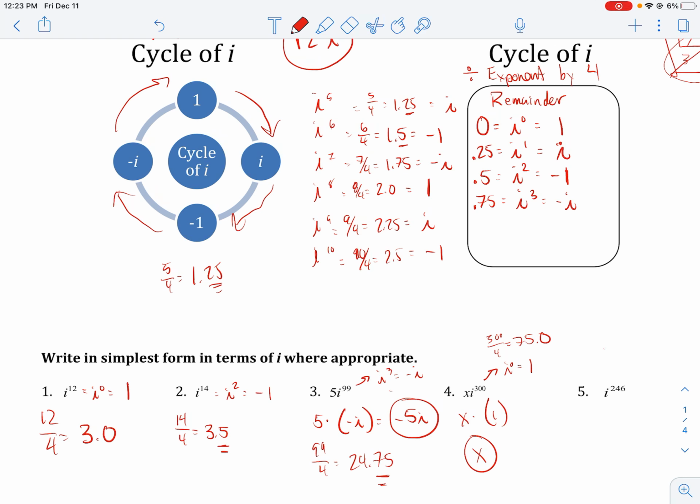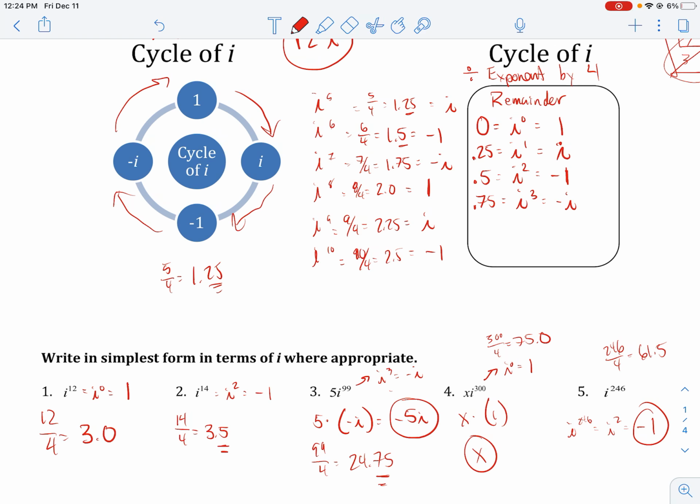And finally, 246 divided by 4, 61.5. It's a remainder of 0.5, so that means i to the 246th power is equal to i squared, which is equal to -1.